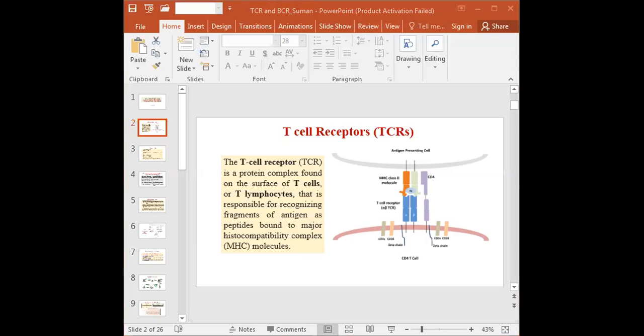So the T cell receptor is a protein complex found on the surface of T lymphocytes that is responsible for recognizing fragments of antigen as peptides bound to major histocompatibility molecules. The initial description of TCRs was made 30 years ago, primarily through similarity with immunoglobulin DNA sequences.